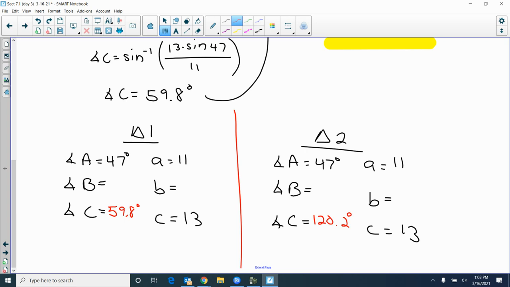And now make sure you don't intermix now. Just treat them totally different. So you get triangle 1 on the left, you get triangle 2 on the right, you get two different values for everything else. Now find angle B. That's just adding them up and subtracting from 180.